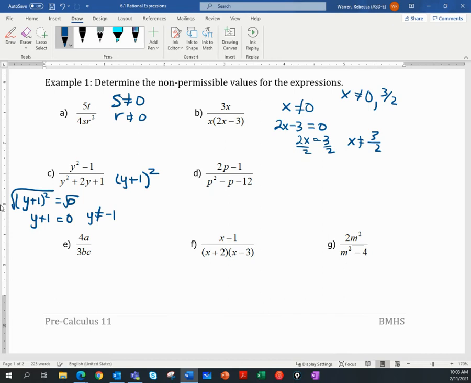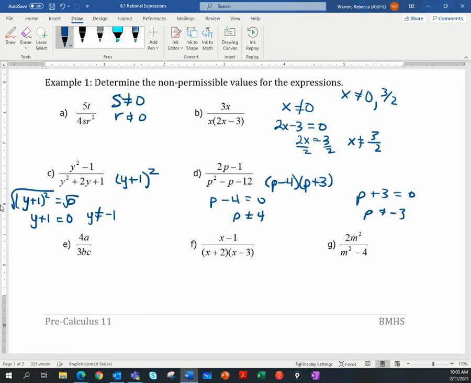Factor this one. So p squared minus p minus 12, that factors to p minus 4 and p plus 3. Again, you make each equal to 0 and solve. So p cannot equal 4 and p cannot equal -3.